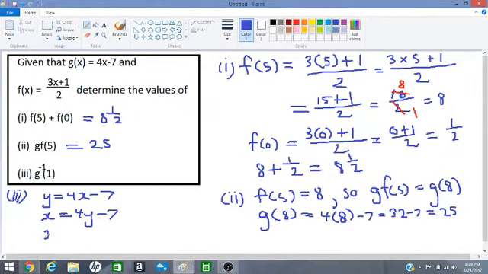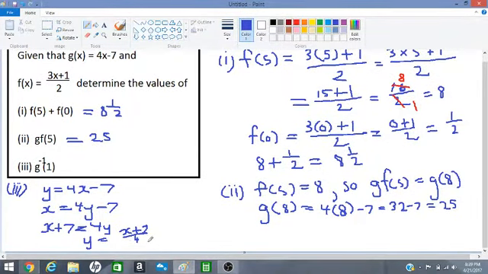So we have to add 7 to both sides. x plus 7 equals 4y. And we have to divide both sides by 4. So we get x plus 7 over 4. x plus 7 over 4 is equal to y.